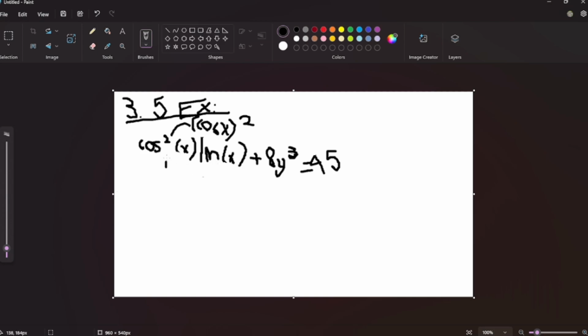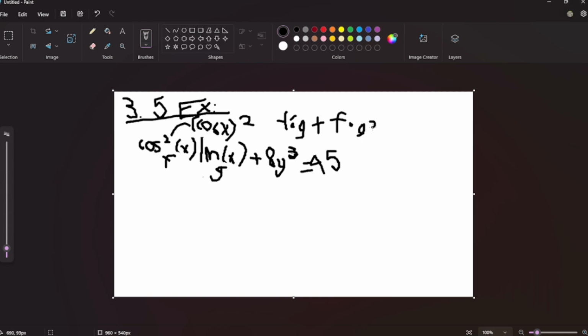So knowing product rule, this is going to be f, this is going to be g. And in product rule, you have to do f prime times g, plus f times g prime.